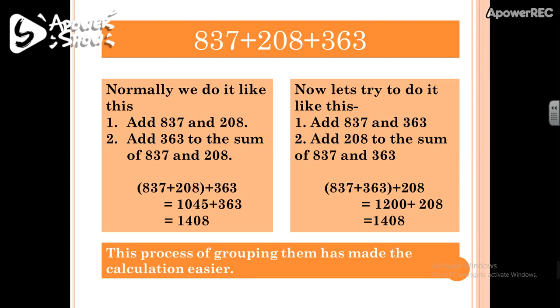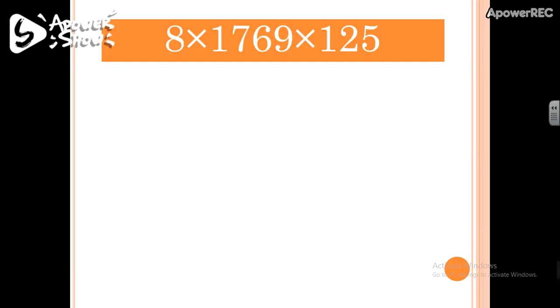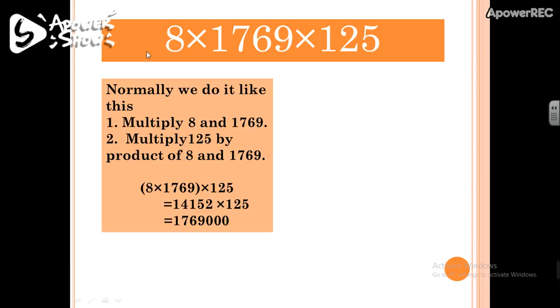Now let's try to find the product of given numbers using regrouping. Again, we are going to find the product of 8, 1769 and 125. The normal way of finding the product is, first multiply 8 and 1769.